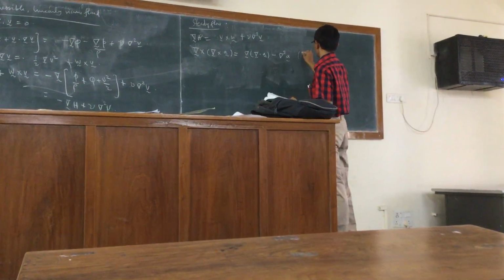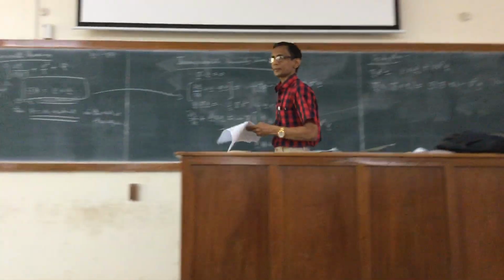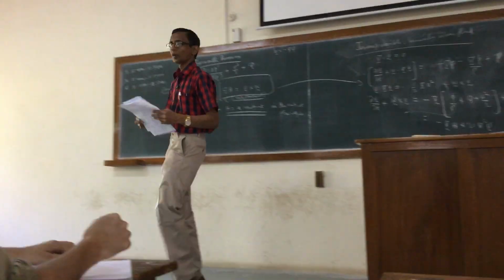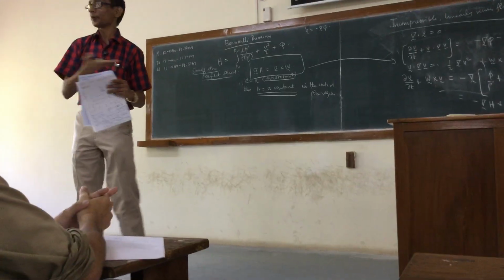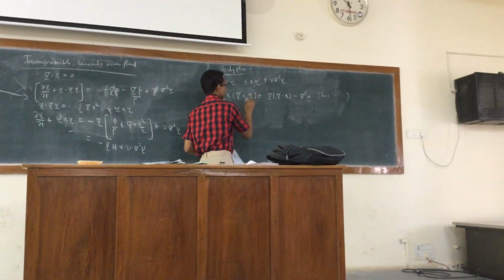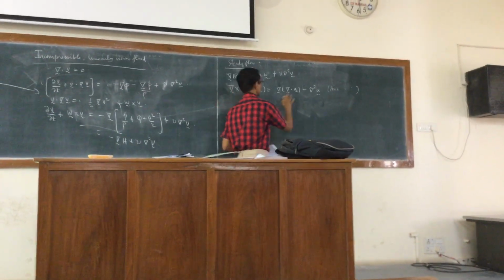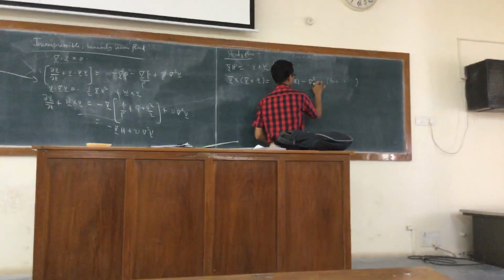I don't remember the reference, but if you go to Aris, chapter 3 or so, a lot of vector identities are given. Probably we have covered it in one of the assignments. Now if I replace this, for any vector A, B is also a vector. So I get this.